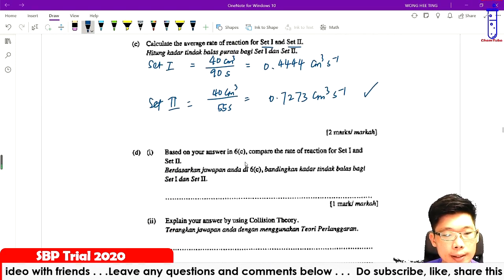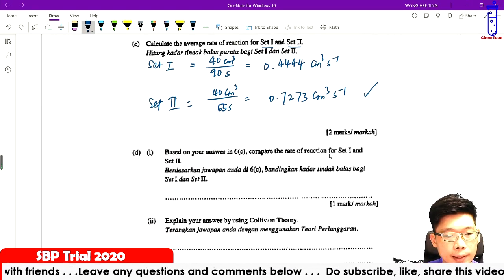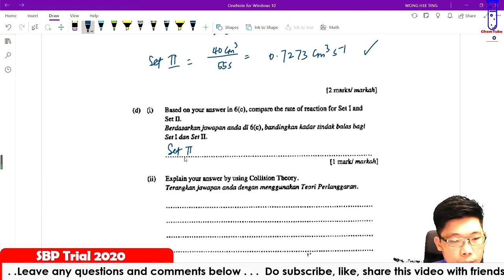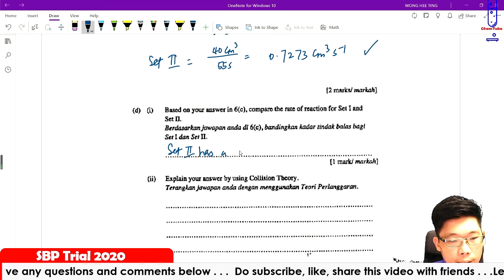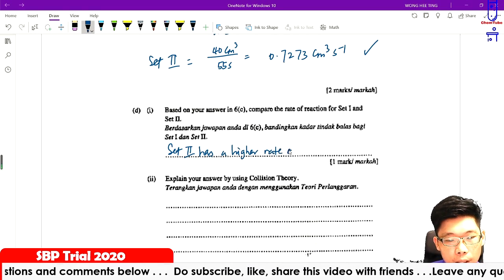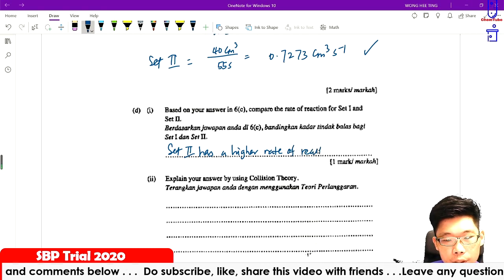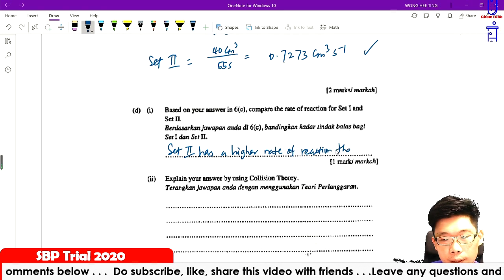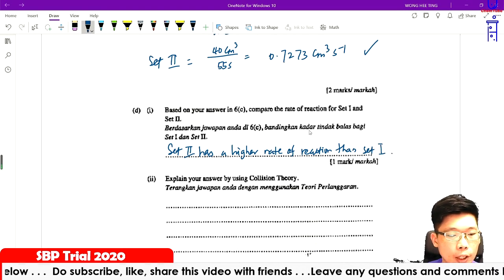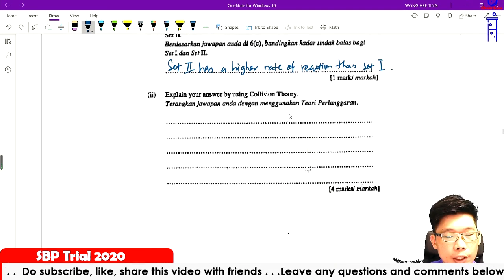Based on your answer, compare the rate of reaction in set 1 and set 2. Just now I mentioned already, set 2 has a higher rate of reaction than set 1. Explain your answer by using collision theory.